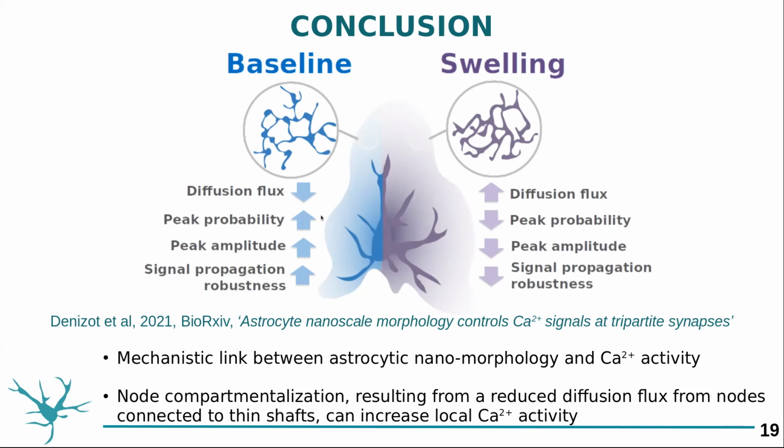Those features are altered for larger shafts, which are observed under hyposmotic conditions, which lead to cell swelling and are observed in disease conditions such as epilepsy, for example. And this is very important because understanding how signals can be compartmentalized or propagate is critical, as one astrocyte can contact hundreds of thousands of synapses simultaneously.